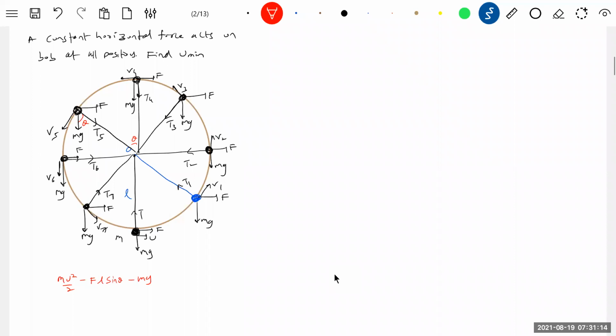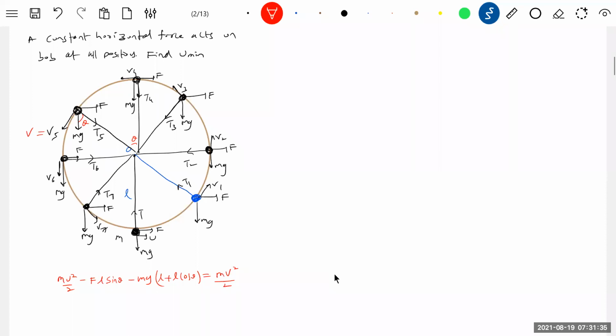Work done by gravity, L plus L cos theta, equals mv square, v5 square, I'll write it, or v5 equal to v.